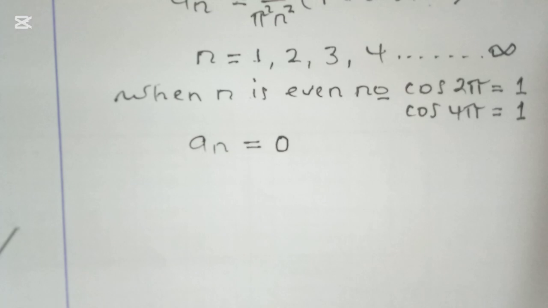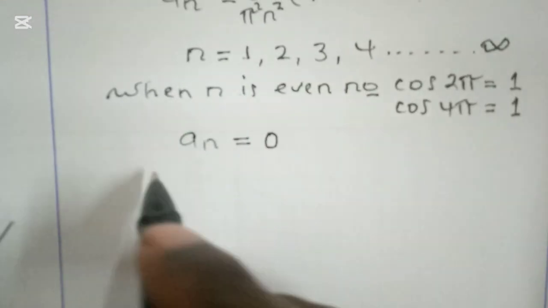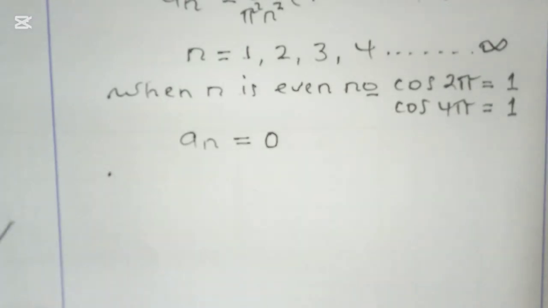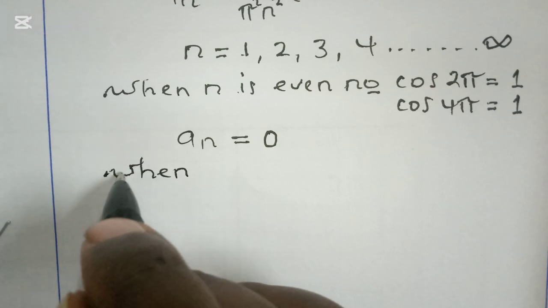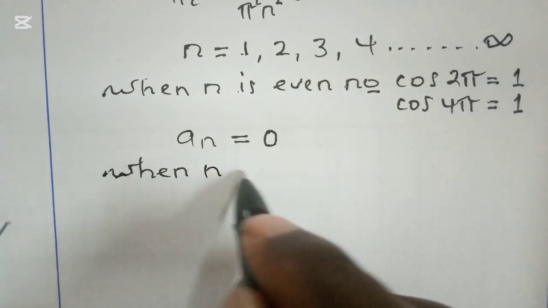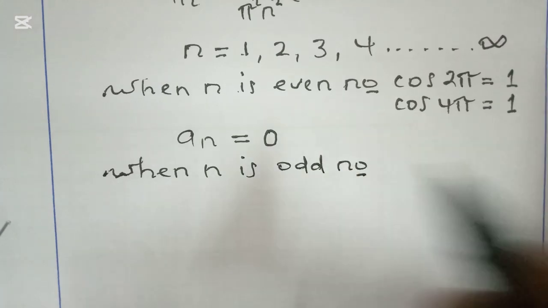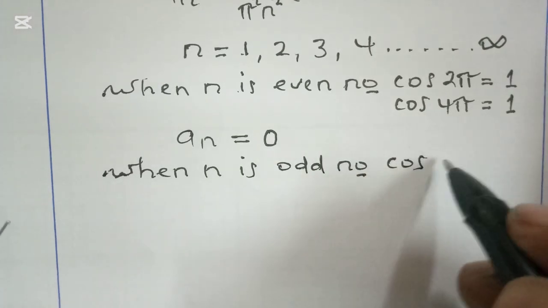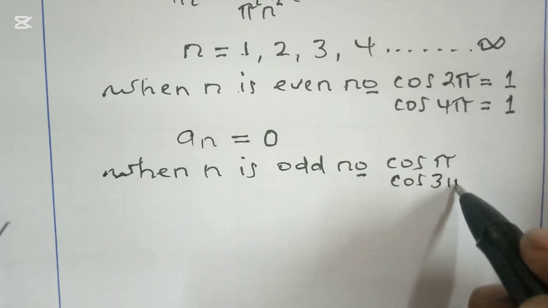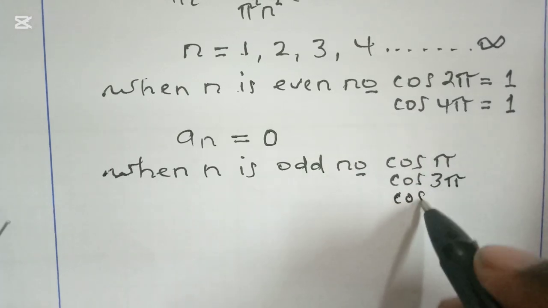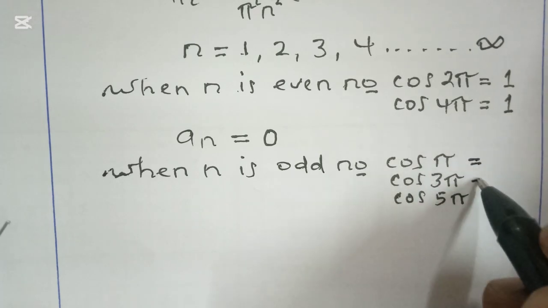Let's now go to odd numbers. When n is an odd number, we have cos pi, cos 3 pi, and cos 5 pi. Let's use cos 5 pi and cos 3 pi and see what we get.